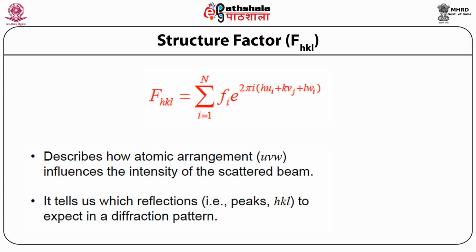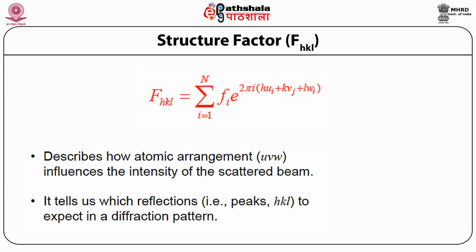It includes several things: atomic form factor, molecular form factor, and unit cell. That is why the intensities of the peaks which you see in crystals are different from one to another, because they define a different family of planes. So it changes the structure factor for that particular plane, the structure factor F hkl.